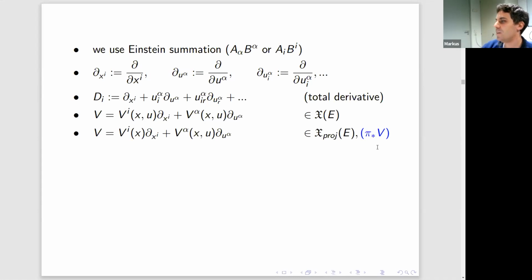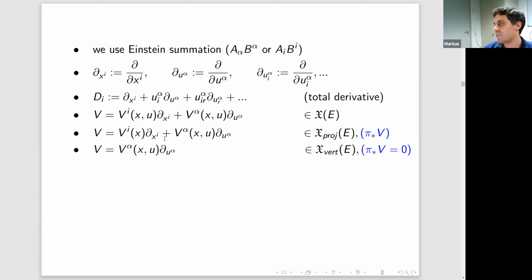For example, there are the projectable vector fields. This means that if this v^i coefficient does not depend on u, then you can project this down to a vector field on M. This will be at some point a little bit important, but if you haven't seen it before, it's not really important at this point.